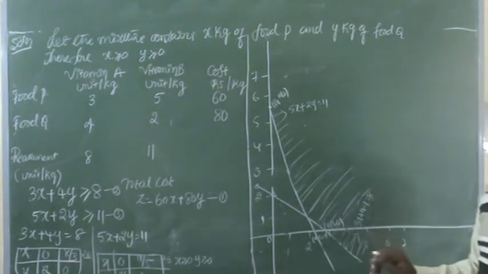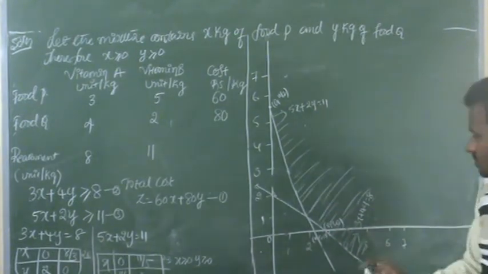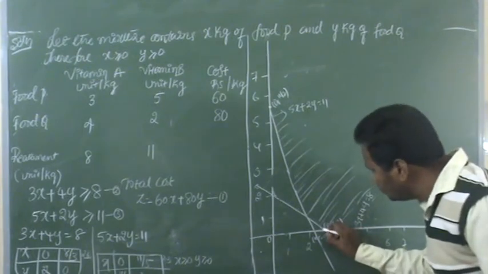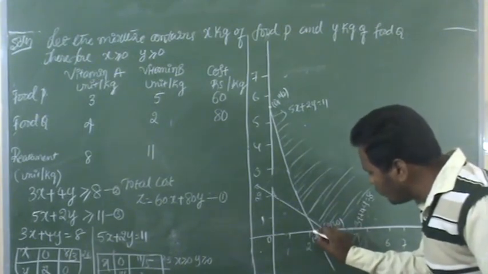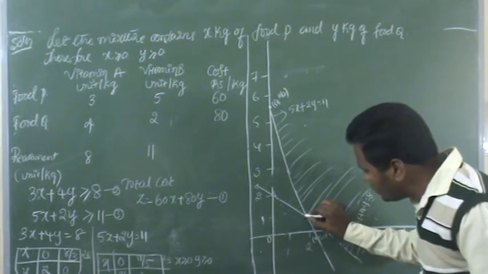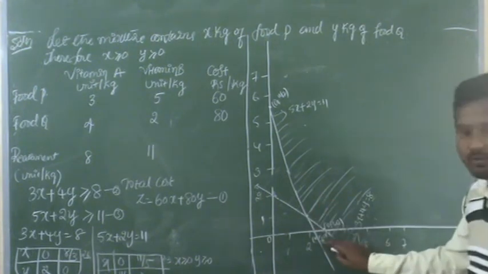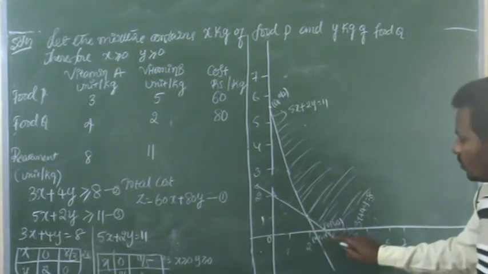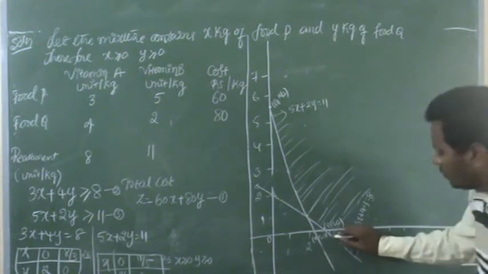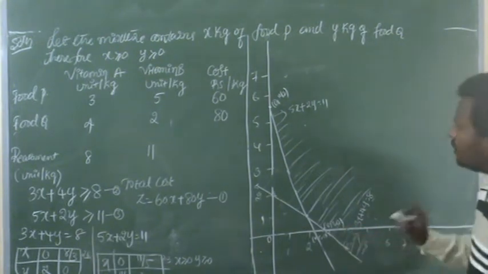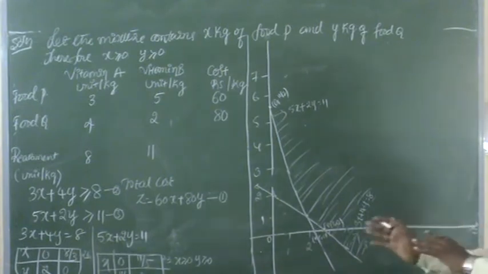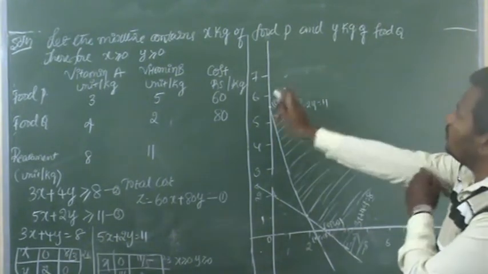Okay, now we have to find the corner points for this. This is one point, this is one point, and this is one point, and this is one point. These are the corner points, and we have to write them. This is an unbounded region. Write the corner points.